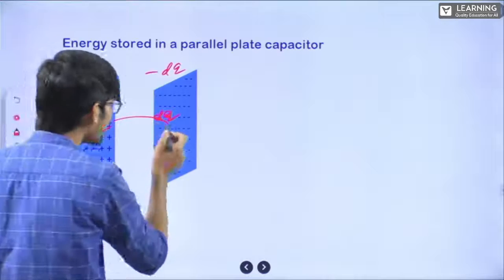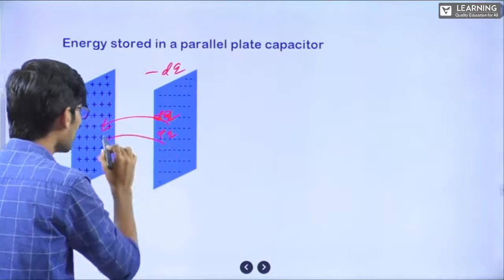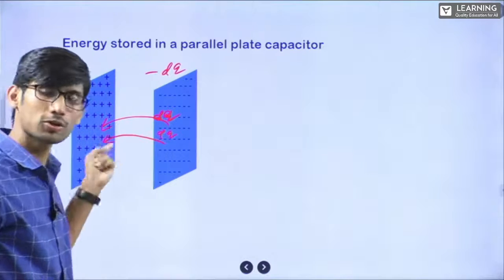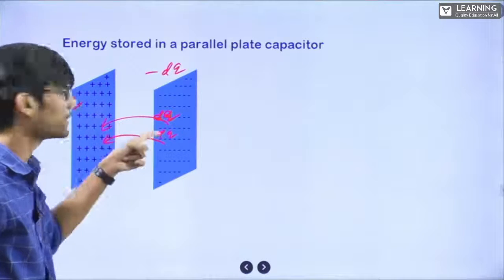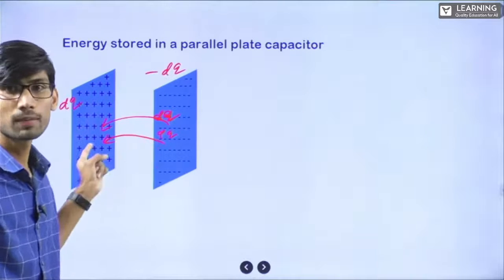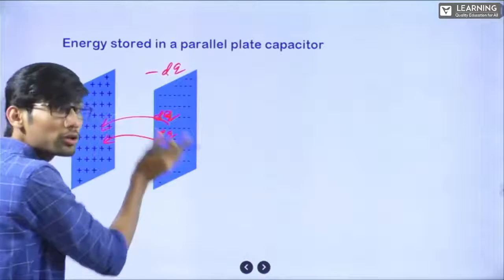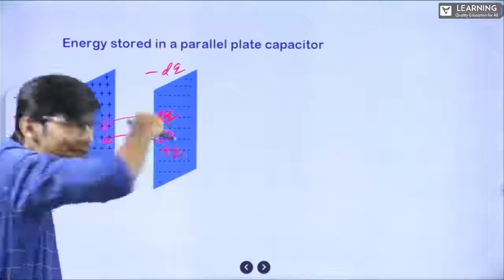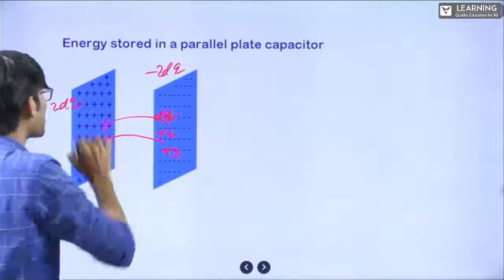Now let's say I have done some work. I took out one more dq, and now that dq I am putting here. For putting this dq here, also more work has to be done, because now this is positively charged. This dq will repel the dq which was already there, right? So work will be more than the previous work. Again, if I take one more dq, for extracting it I have to do more work, because now it is minus 2 dq, it is plus 2 dq.